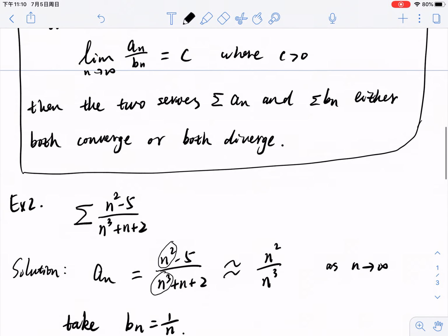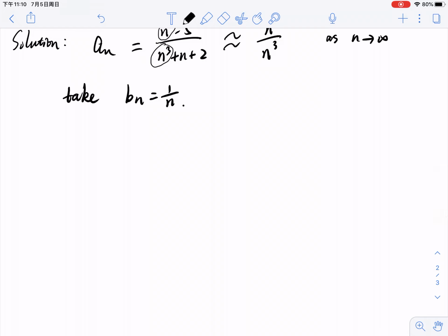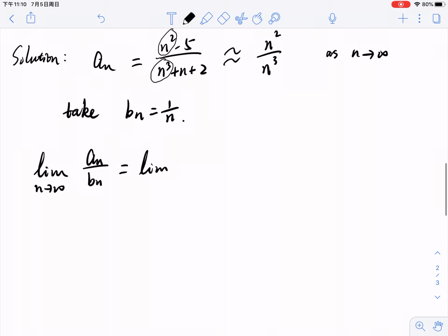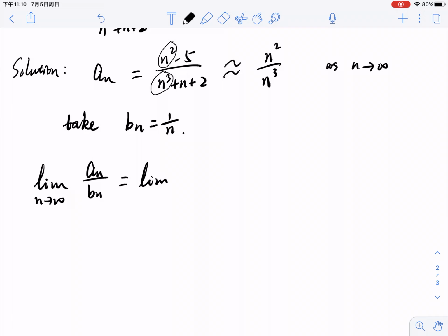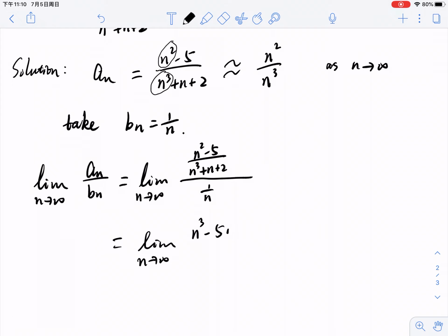So now we use the limit comparison test. We look at the limit of an over bn as n goes to infinity. So an, n squared minus 5 divided by n cubed plus n plus 2, divided by 1 over n, as n goes to infinity. This is the limit of n cubed minus 5n divided by n cubed plus n plus 2.